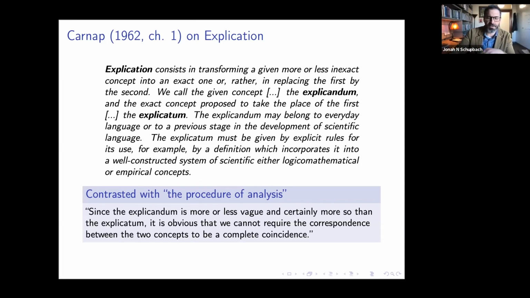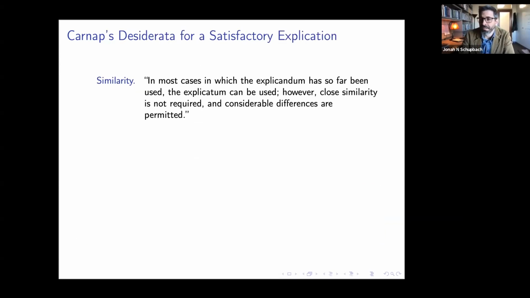So Carnap goes on, understandably, in the very next section of this chapter to develop his desiderata for a satisfactory explication. The first one's similarity, and I'll be quoting Carnap for each of these four desiderata, so you'll get to see what Carnap himself said explicitly about what he means by these things. But with regard to some of these desiderata, we'll part ways from Carnap. Okay, so similarity.